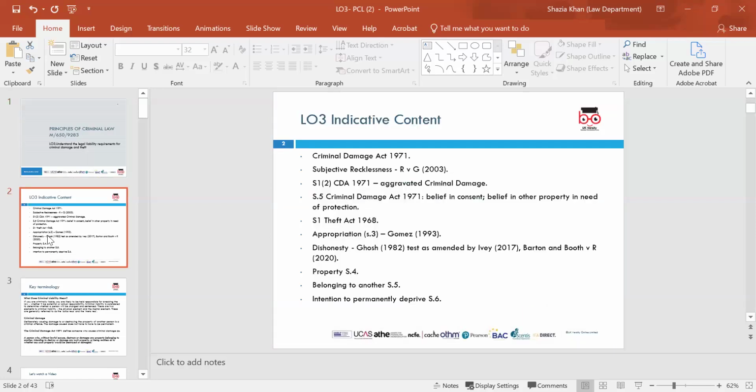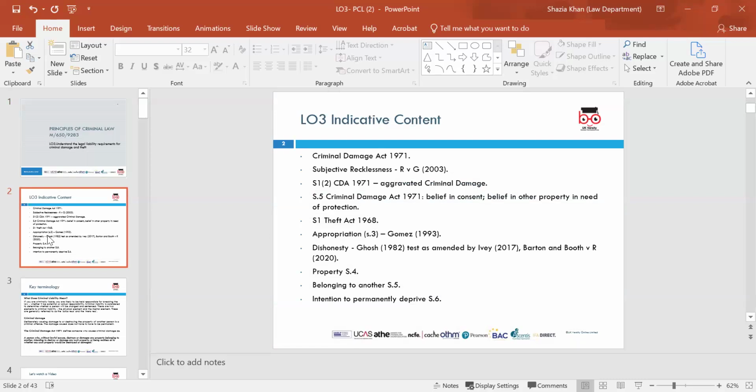Indicative content for learning outcome 3 is we look at the Criminal Damage Act 1971, subjective recklessness. We look at Section 1 of the Criminal Damage Act 1971, aggravated criminal damage, Section 5 Criminal Damage Act 1971, Section 1 of the Theft Act 1968. Look at appropriation, Section 3, Gomez case 1993, dishonesty, the Ghosh test.